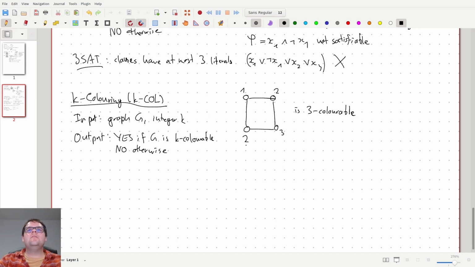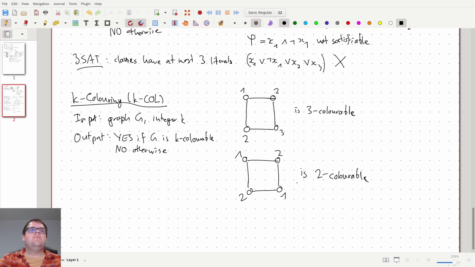But we might find a more efficient coloring as well. For example, in the same example, this 3 is only adjacent to 2s, right? So we can just make this 3 be color 1. So that would look something like this, right? So now we've only used 2 colors and we found a coloring. So that means the graph is 2-colorable.